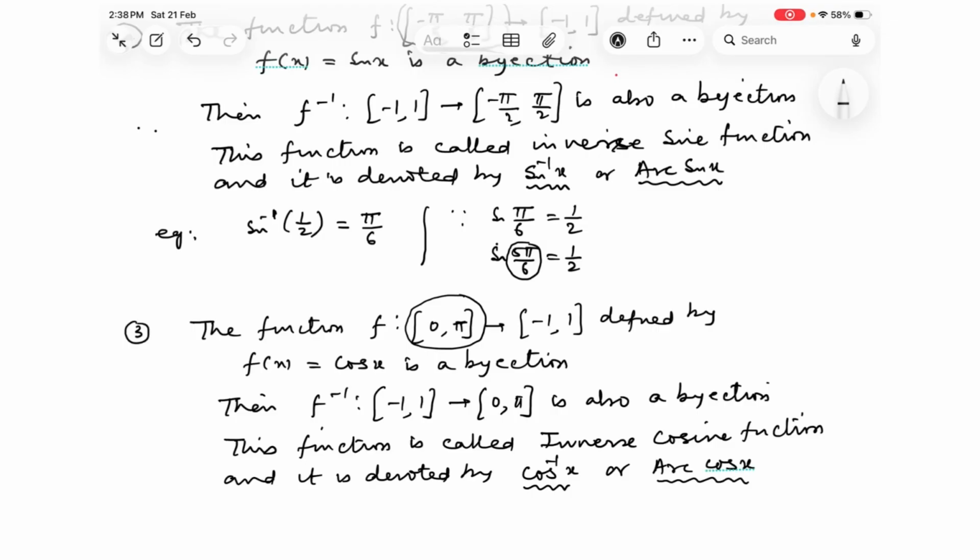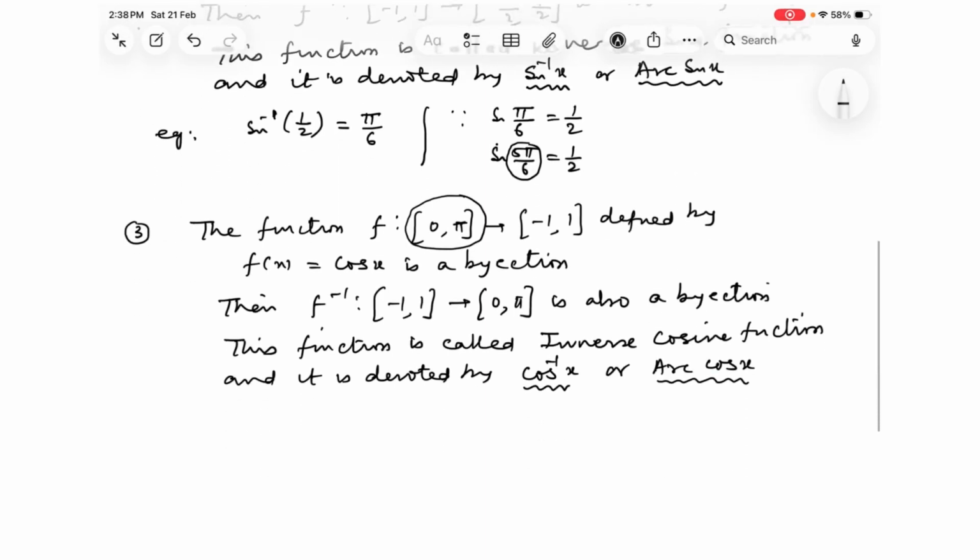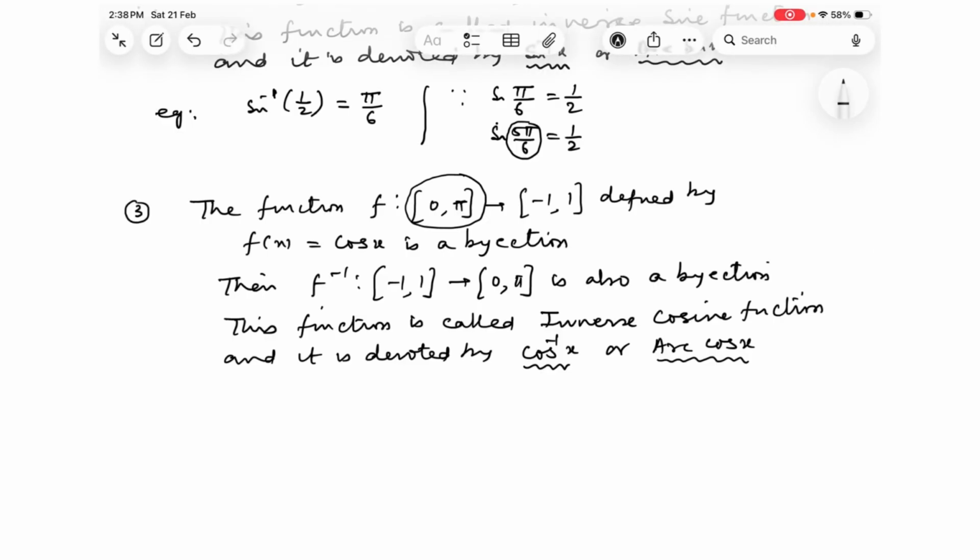So remember here once again, if domain of cos x is restricted to 0, pi, then only inverse of cos x will exist. Otherwise, cos inverse x cannot be defined. That is why in earlier there was one discussion, what is cos inverse of root 3 by 2?